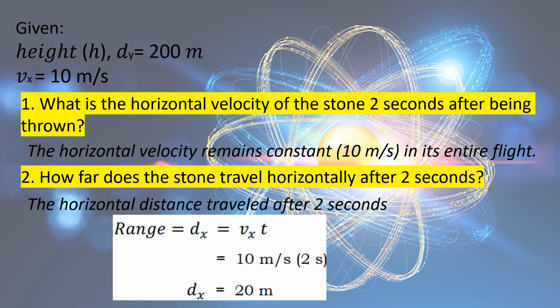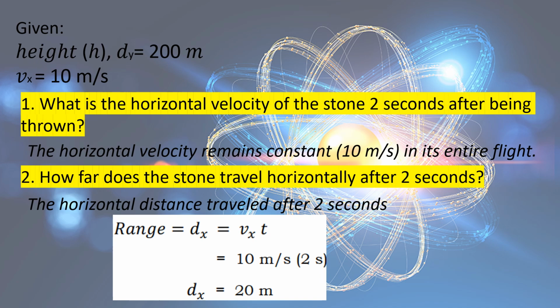So this is how you get the range or the distance covered by the stone on the horizontal axis. dx, the range or the distance on the x-axis, is equal to the velocity on the x-axis times the time. The velocity on the x-axis, or the velocity in the horizontal dimension, is 10 meters per second times the time, which is 2 seconds.